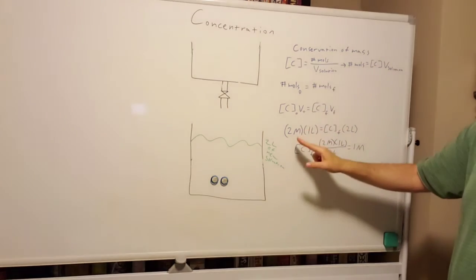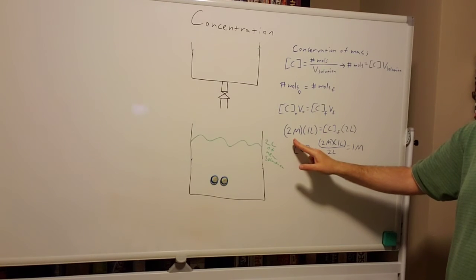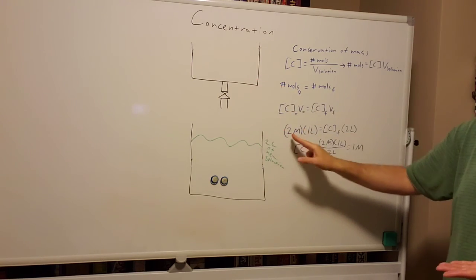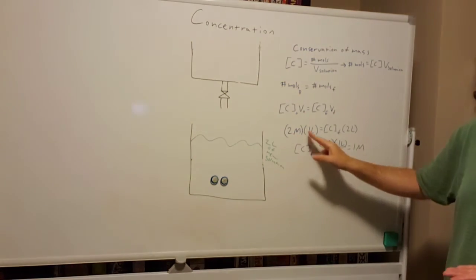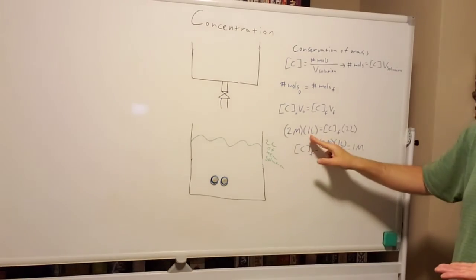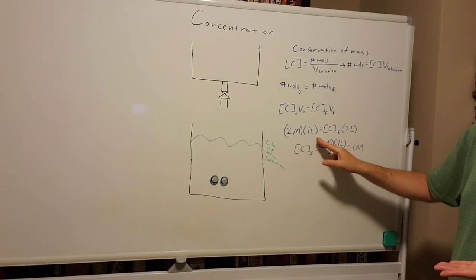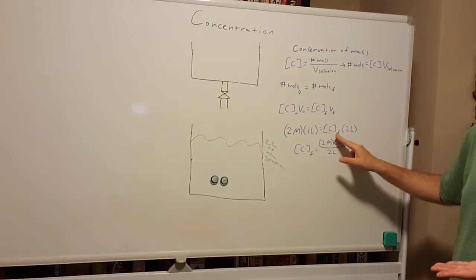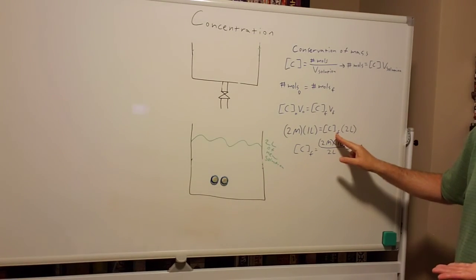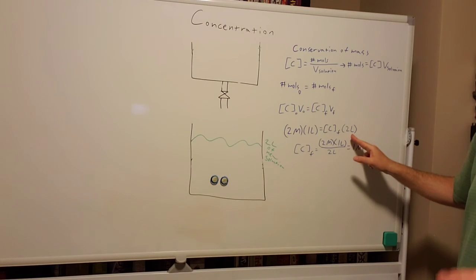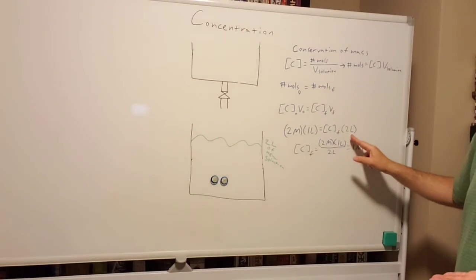Plugging in the numbers, we start off with 2 molar, so 2 molar solution. That's what we originally started with, a 2 molar solution. We had 1 liter of that initial solution, so we had 1 liter. That must equal whatever our final concentration is multiplied by the final volume, which is 2 liters.